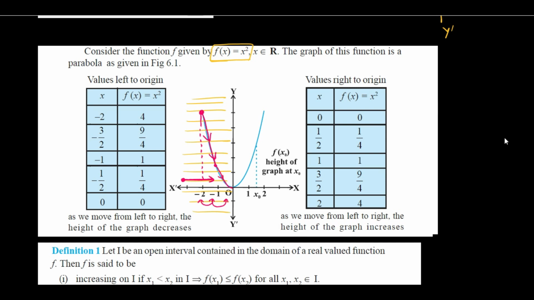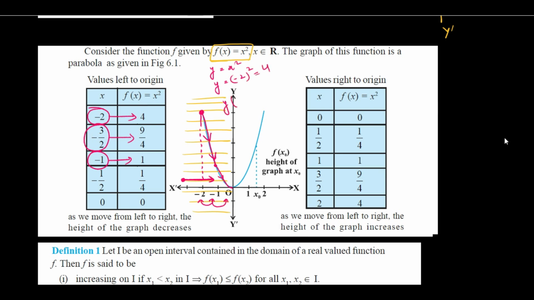You can see the table given here. If x equal to -2, then we find the value 4. For -3/2, we find the value 9/4. For -1, we find the value 1. If we put y equal to x square, if x is equal to -2, then we will find 4.